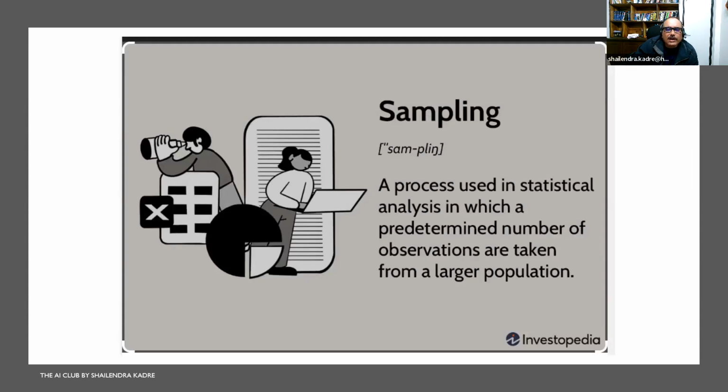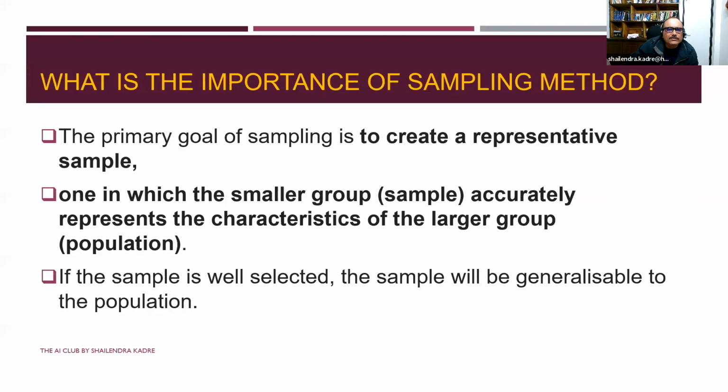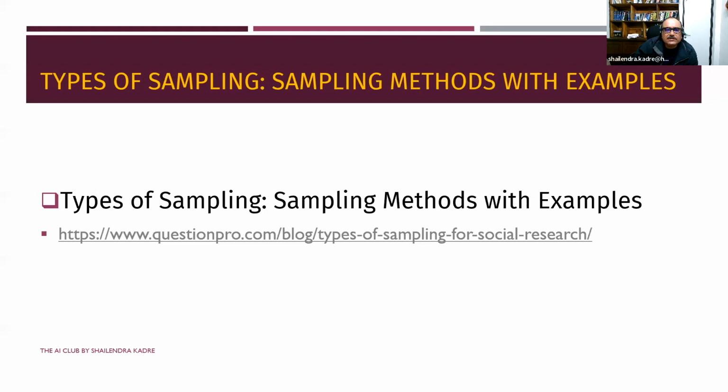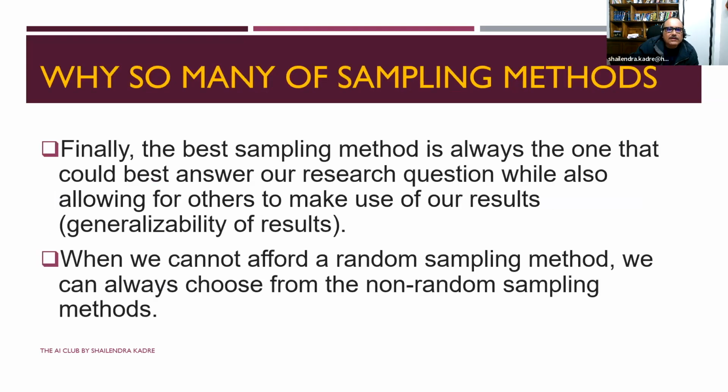Then we'll take up some sampling methods. I'm giving you an article to read at home if you are interested in sampling methods. I'm not taking these methods in the class. Then I'm discussing why we need so many sampling methods. Why not one sampling method for everything?